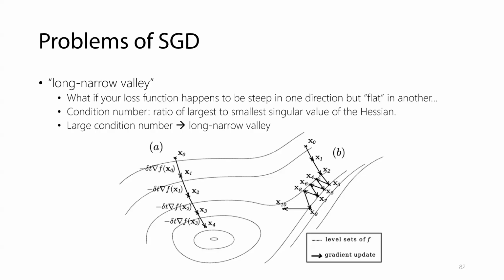Initially you will just go straight down to the bottom of the valley, and you basically bounce back and forth without really progressing anywhere. Okay, so it's going to take a while for your optimization algorithm to actually get out of this narrow valley and eventually converge there. So this is what is called the long narrow valley problem.